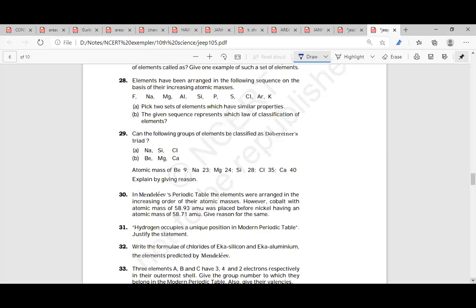Write the formulae of chlorides of Eka silicon and Eka aluminium. You can use E for Eka silicon. For the formula you need the valency to form the compound.